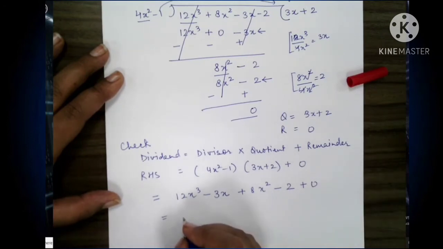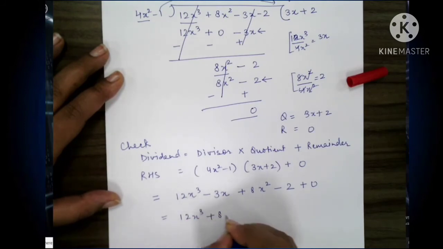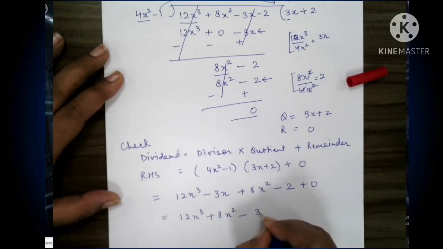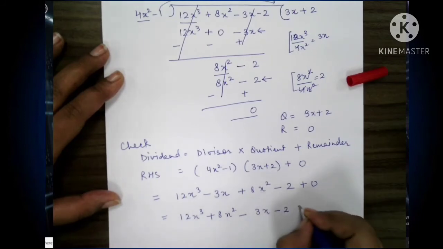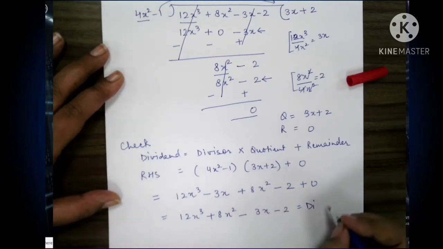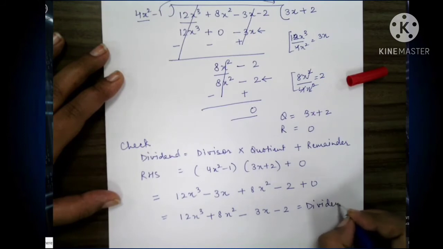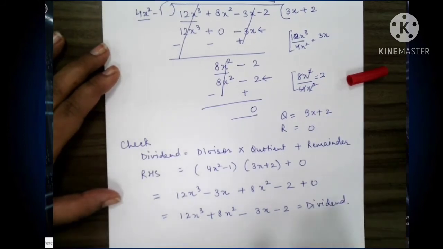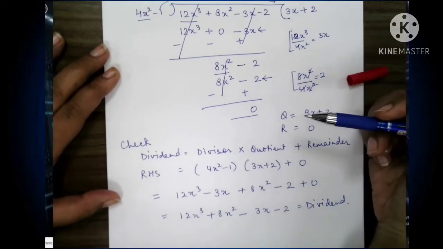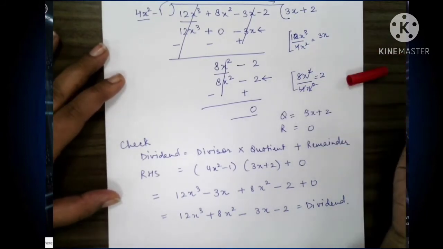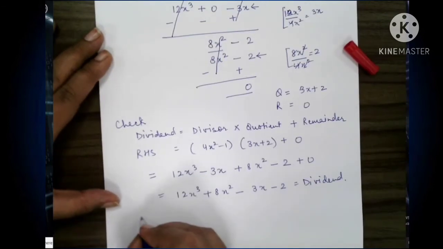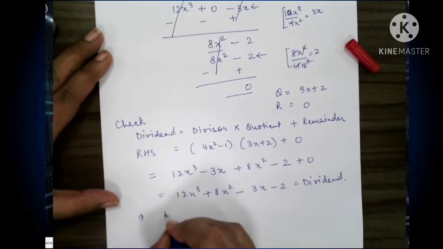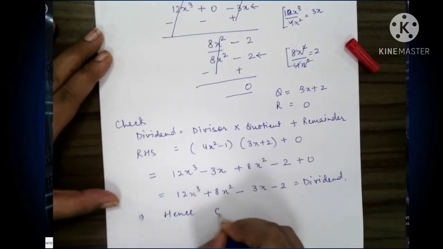So what is our dividend? 12x cube plus 8x square minus 3x minus 2 is equal to the dividend. Fine. Isn't it a good trick? You only have to do the calculation once in the division. After that you can check yourself. Hence checked.